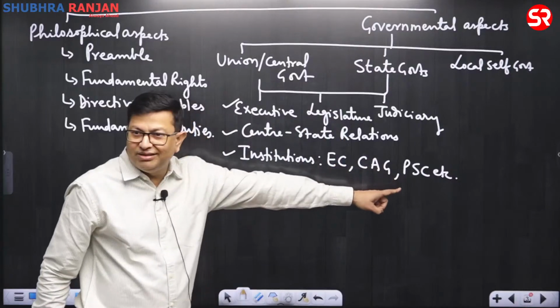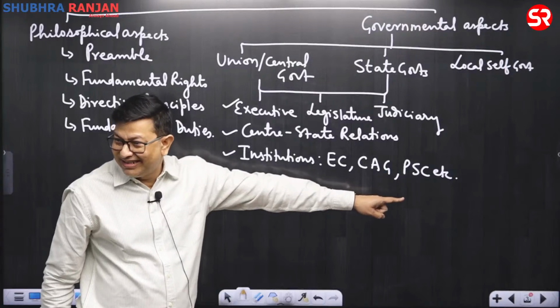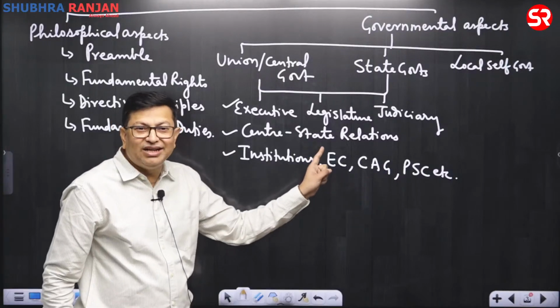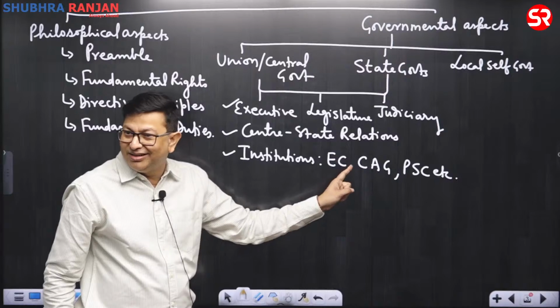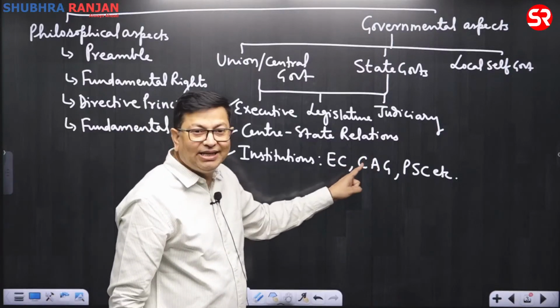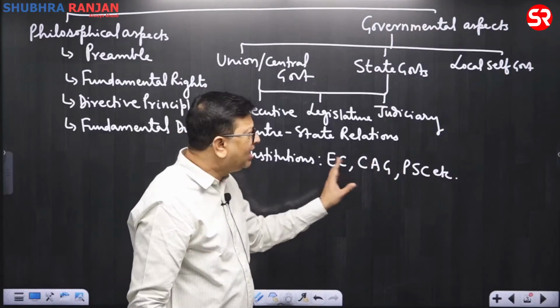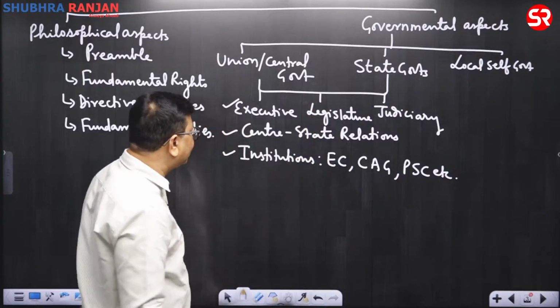Public Service Commission conducts examination to select the officers. Election Commission conducts the election to elect the bureaucrats, that is the executive. And CAG audits the accounts of the union government as well as the state government. And many other institutions have been mentioned.